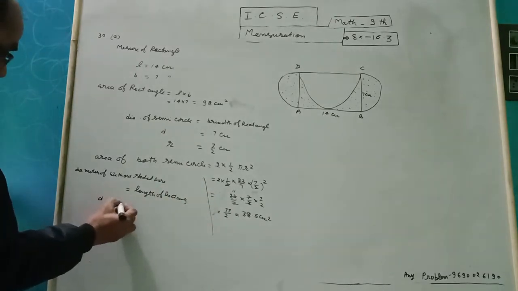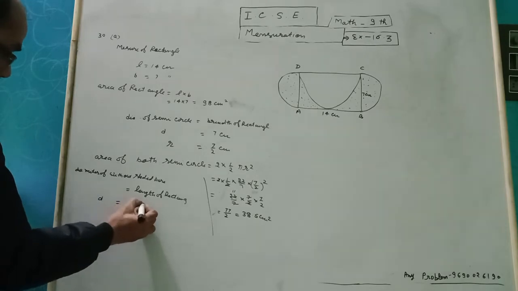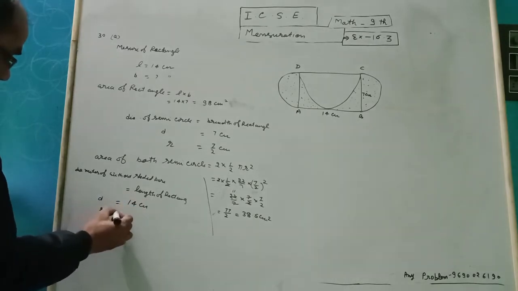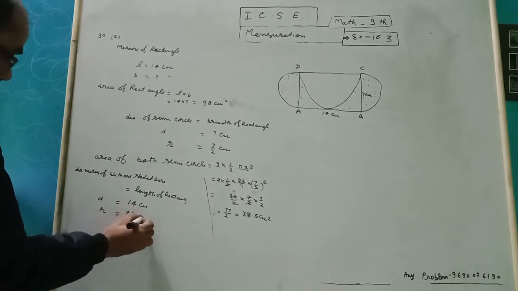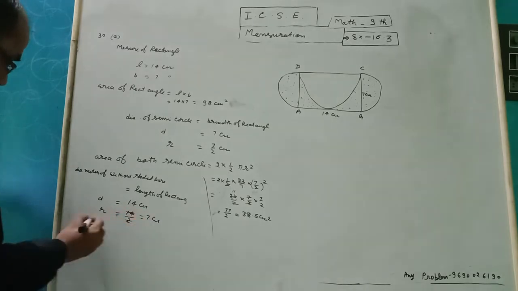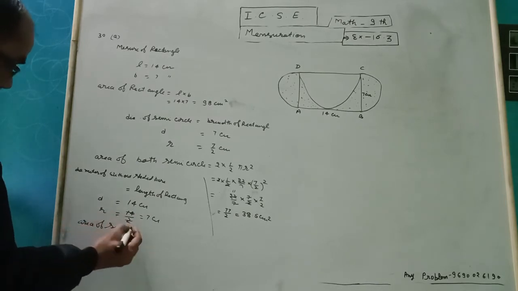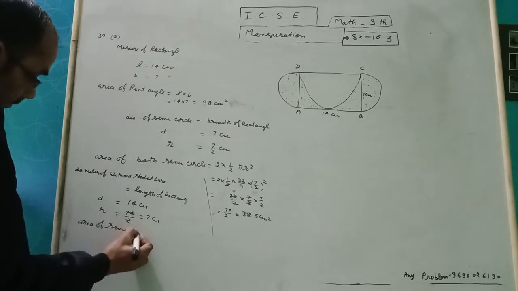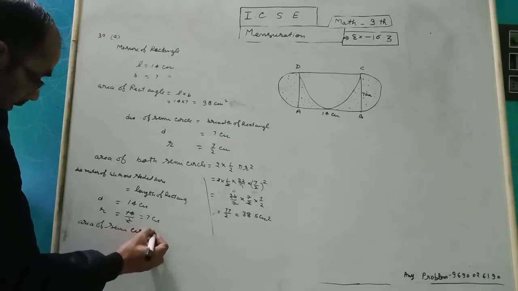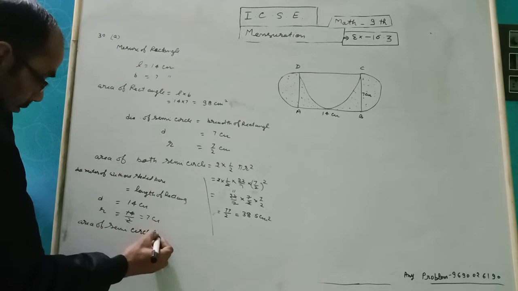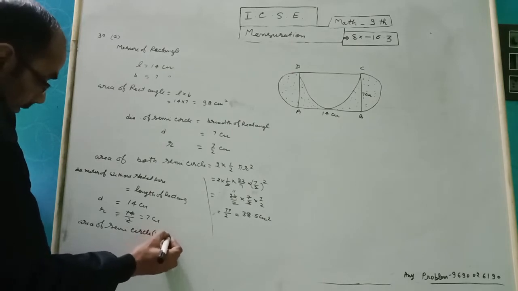Diameter is equal to 14 cm, then R is equal to 14 upon 2 is equal to 7 cm. Area of the semicircle without shaded.